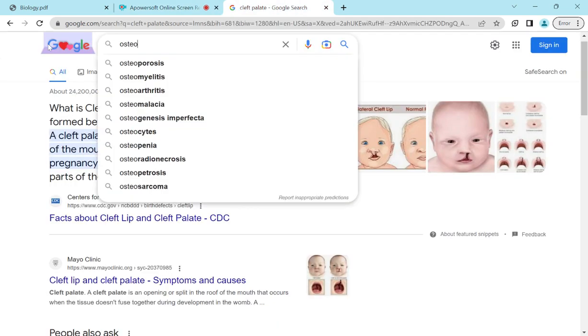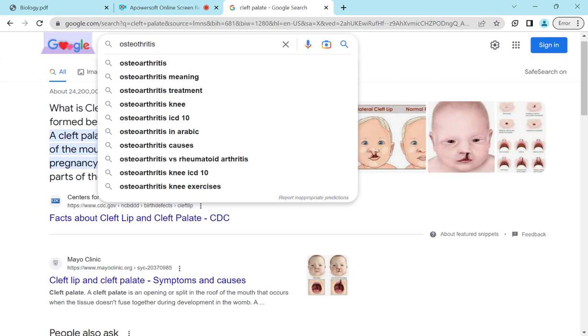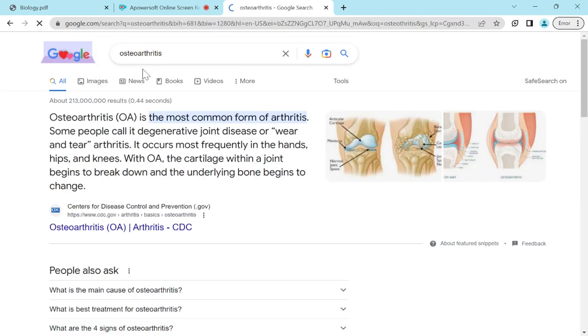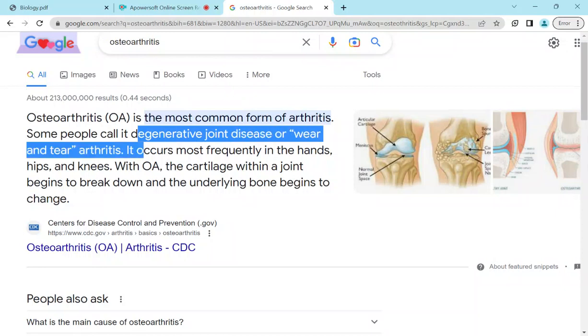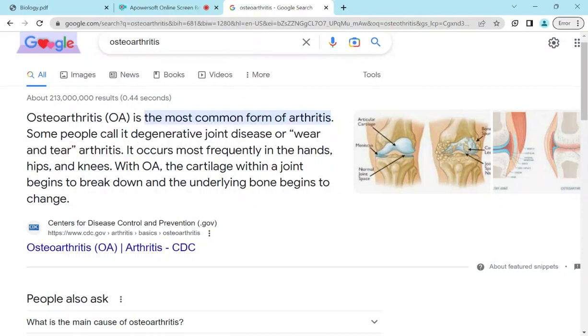Now, there are three major types of arthritis that we're going to be covering. So, I'm gonna get to osteoarthritis in detail later, but for now, I'll just let you know that this is the most common form of arthritis, and it is usually called a degenerative joint disease or wear and tear arthritis. It occurs most frequently in the hands, hips, and knees.